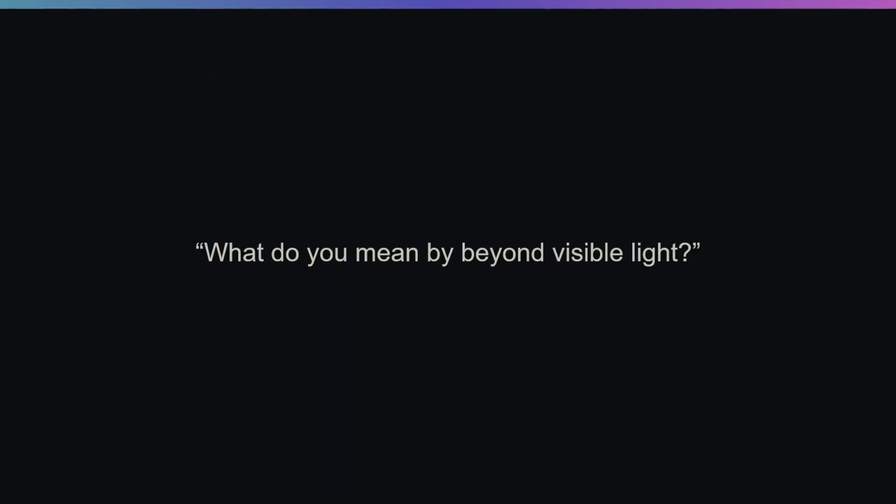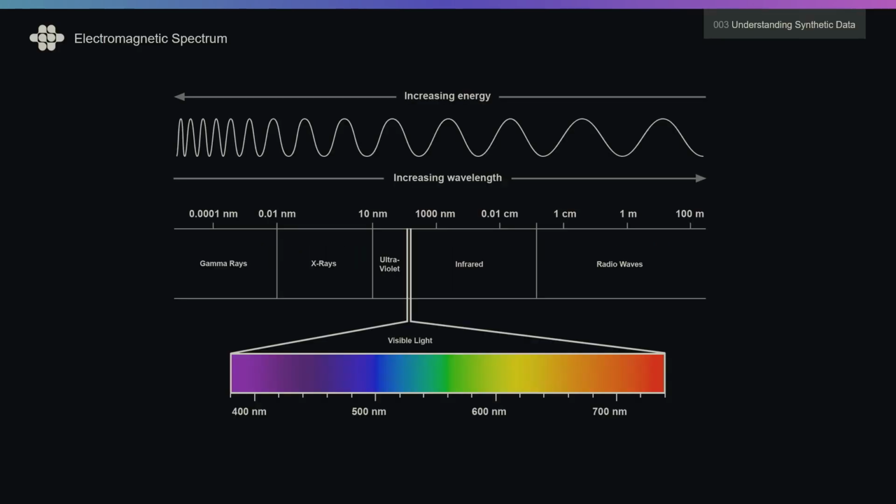Okay, so getting back to the topic at hand, what do we mean by beyond visible light? As most of you are probably aware, light is a type of electromagnetic radiation that exists on the electromagnetic spectrum, which encompasses a really broad range of frequencies and wavelengths. The very narrow band in the center there is the portion that you and I can perceive with our eyes.